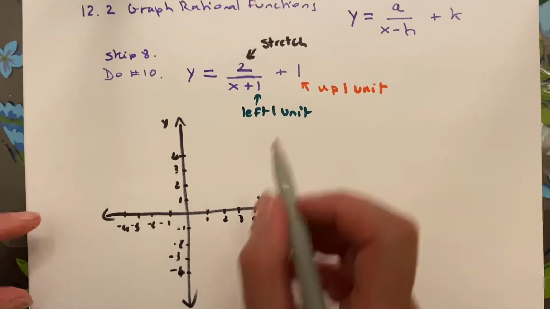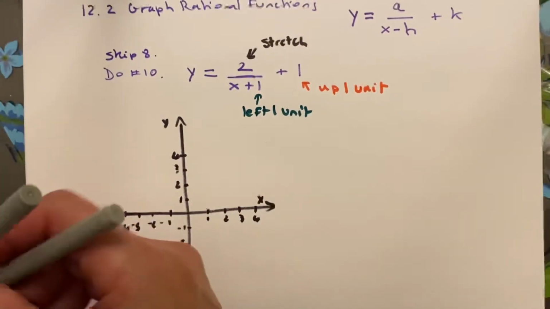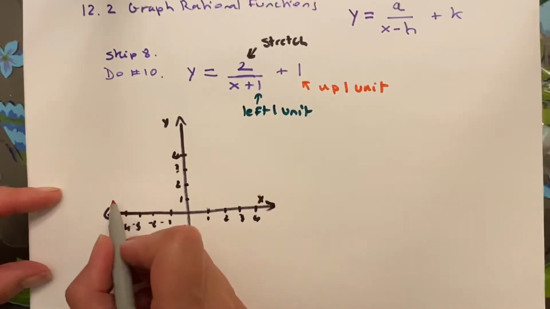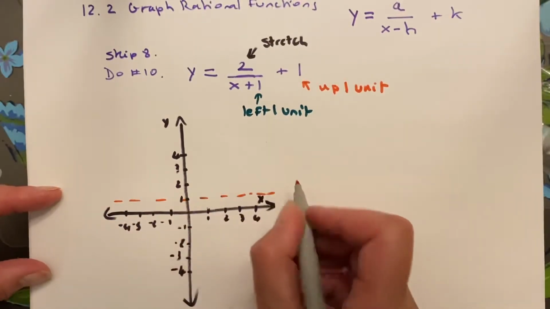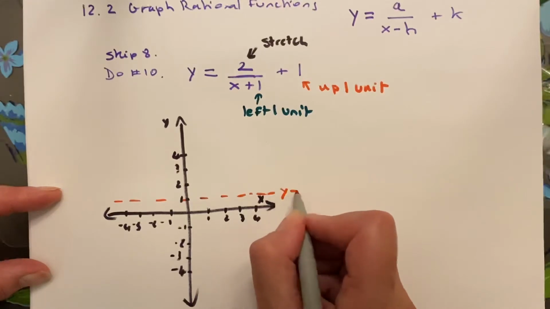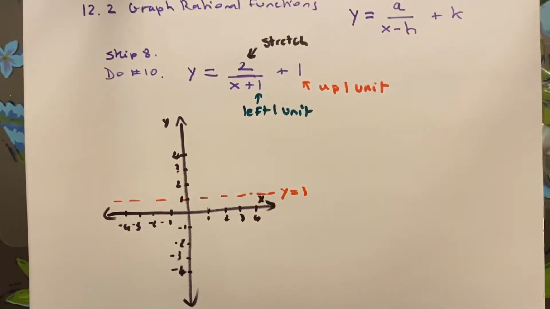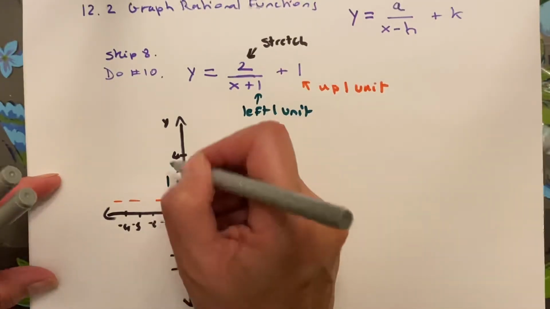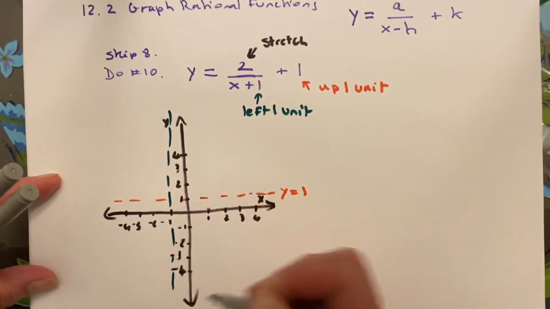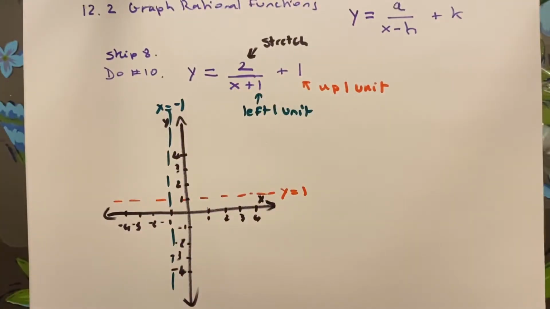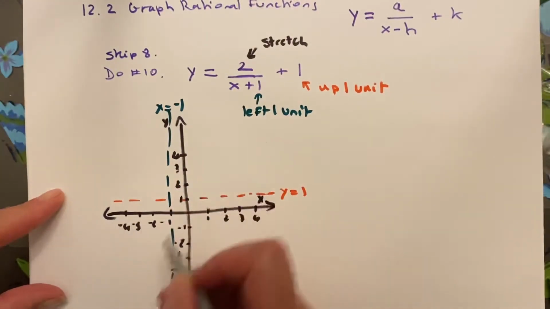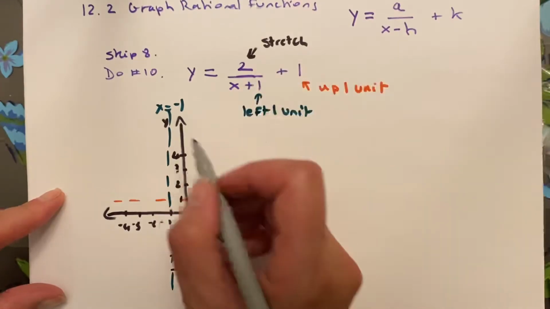Okay, so first thing, it's going up 1 unit. So here this is my horizontal asymptote at y equals 1. And left 1 unit over here at x equals -1. And I can see right away that my branches are going to go here and here because it's a stretch and it's positive.